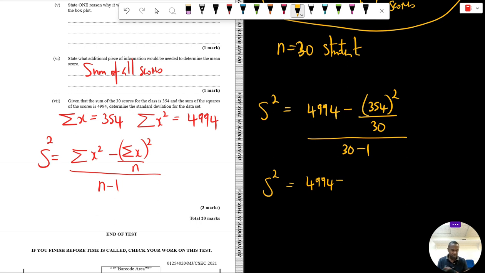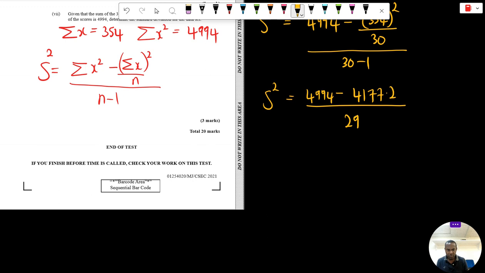So 354 squared divided by 30 gives us 4177.2, and this is all over 29. So s squared would be equal to 4,994 minus 4177.2, which is 816.8, divided by 29, which equals 28.2.